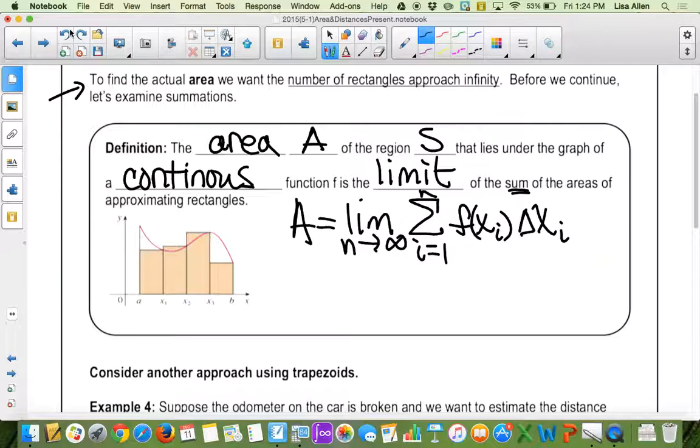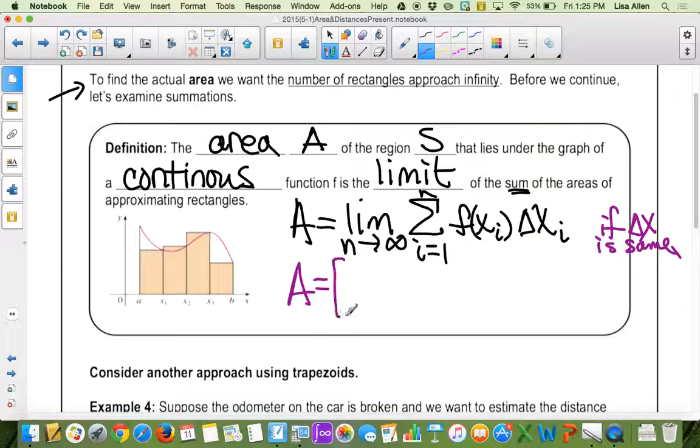So then we have the area. This can be rewritten as the following. And if delta x is the same, remember we can factor that out, so we would just get the following.